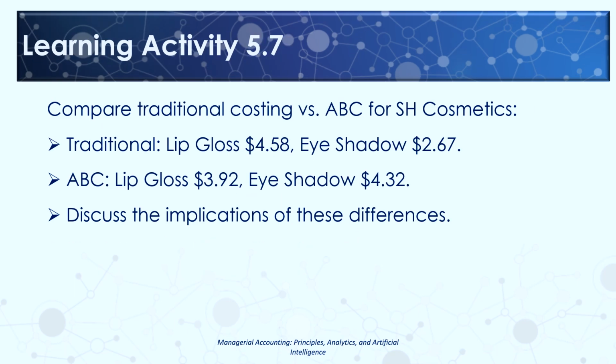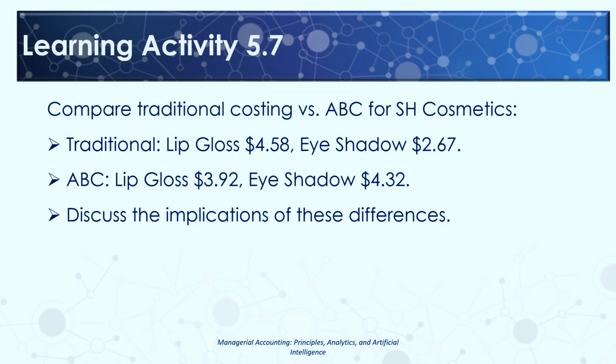Now compare the results of traditional costing versus ABC for S&H Cosmetics. The traditional costing results show lip gloss costing $4.58, whereas eyeshadow is $2.67. The ABC results show a cost of $3.92 versus $4.32. This comparison shows the core value of ABC.